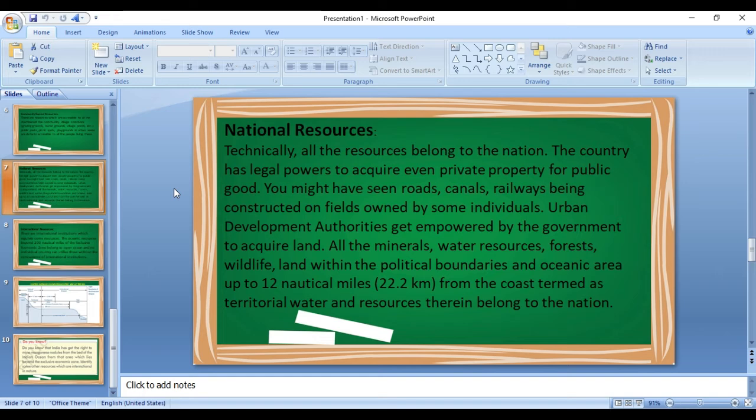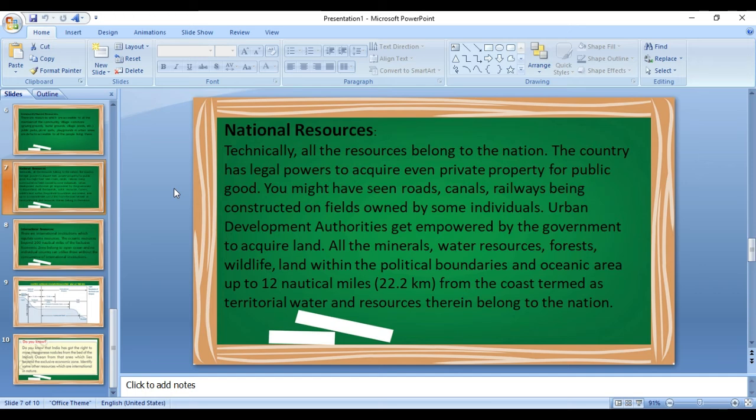Not only that, I have an ancestral land on which the Ganga river is flowing in a small area. Can I call this part of the Ganga river mine? No, I cannot. So rivers again don't come under any individual authority, they are totally in the hands of the nation or the government. Forest and wildlife also, we have no individual right. It's the government of India who will take care of all this.